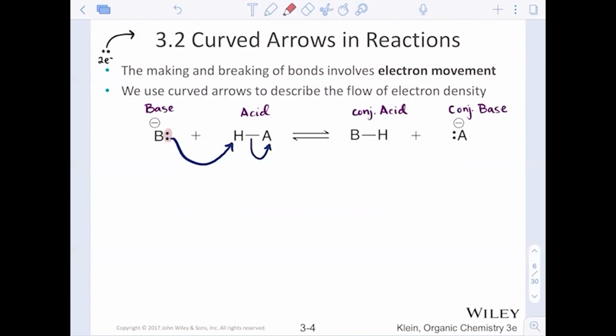These electrons from B minus have now become the covalent bond between B and H. The covalent bond between H and A is now the lone pair on A. So hopefully we can see that flow and see how the sigma bond is forming between the proton and the base, and see how the covalent bond between the H and the A is breaking.